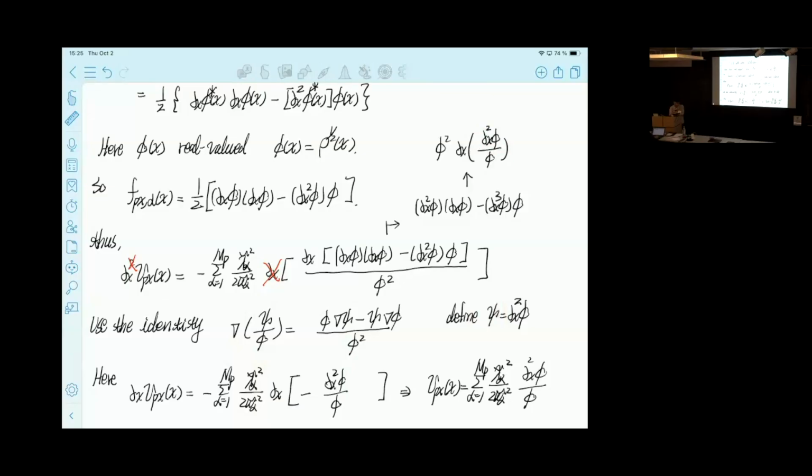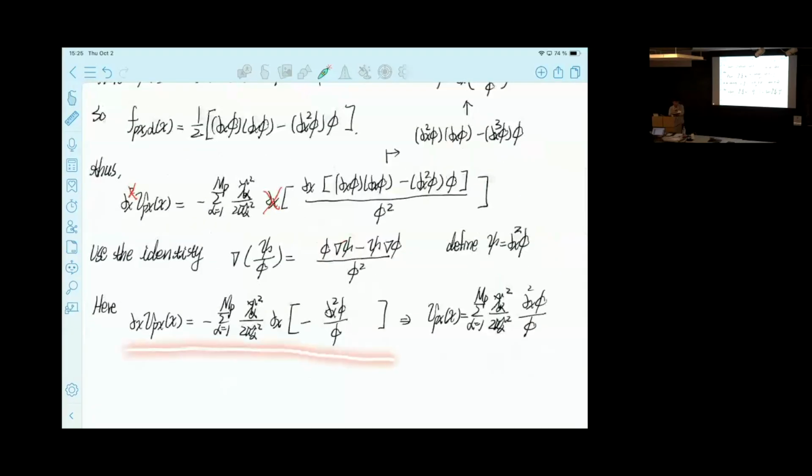Once you do this transformation, the numerator becomes phi square times this guy, and phi square cancels with this one. At the end you get this result, and you get rid of this one. Then this is the final result.